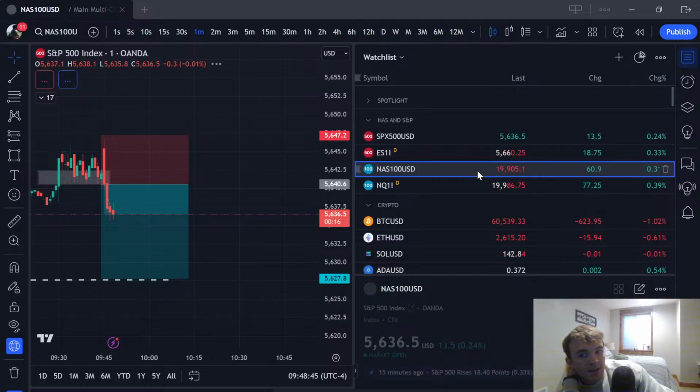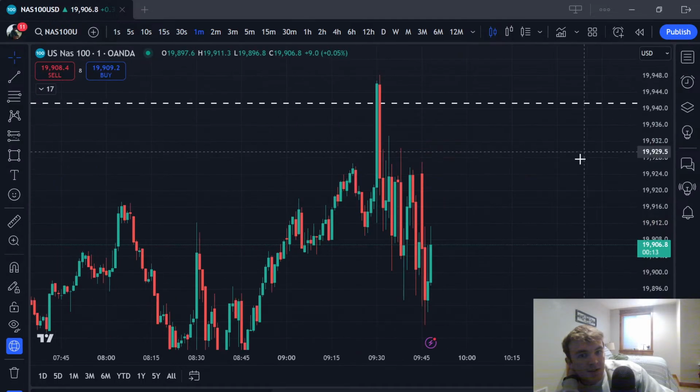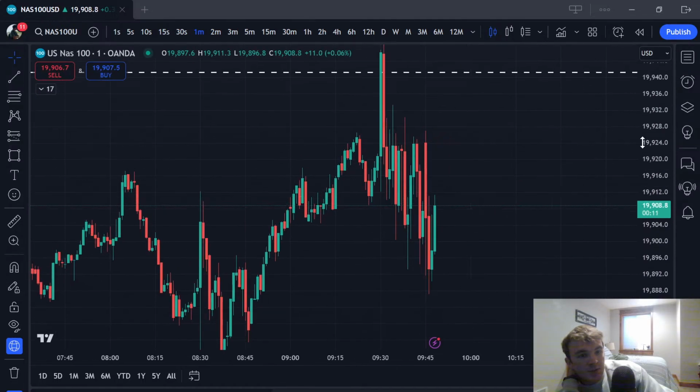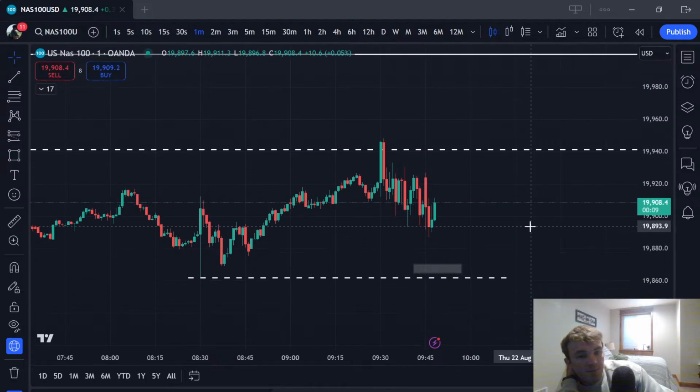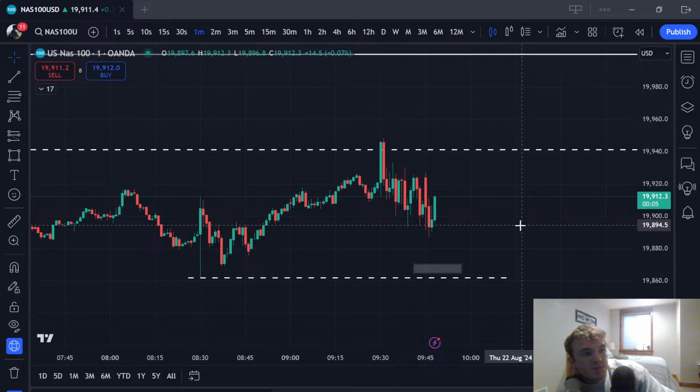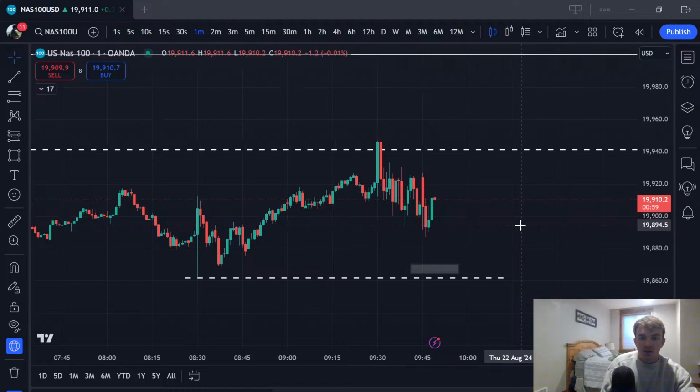But it's not super clear. It's super choppy. I don't like this price action at all. I'm hoping we can get some clarity here soon, because this sucks.